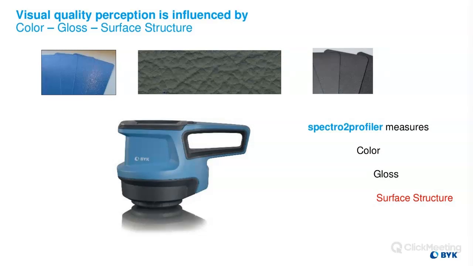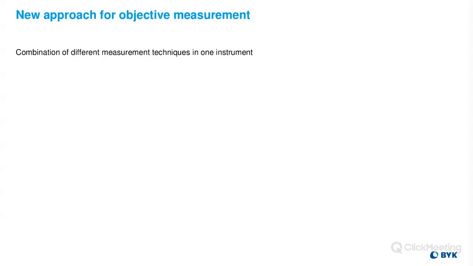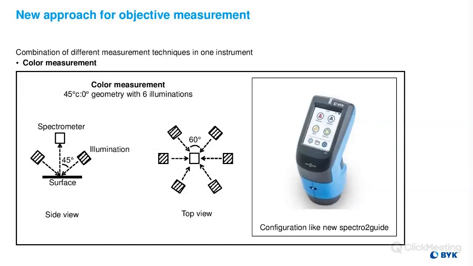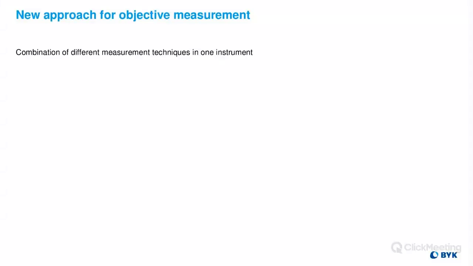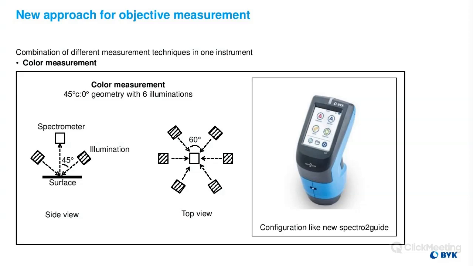Okay, so visual quality perception is influenced by things like color, gloss, and surface structure. And this is, of course, why the spectro2profiler, our newest instrument, measures color, gloss, and surface structure. So it combines different measurement techniques in one instrument. Okay, technical difficulties.